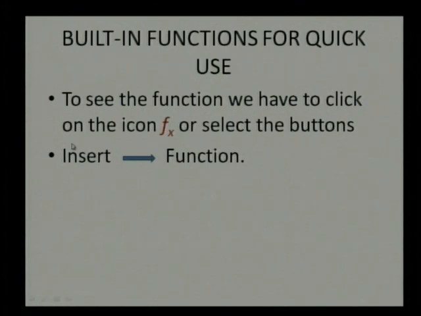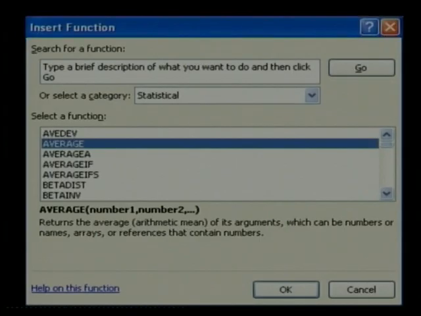So in the insert menu we have a function key, and in function we have some mathematical, statistical and commercial application related ready-made built-in functions. So we have to choose one of the functions as per our requirement.